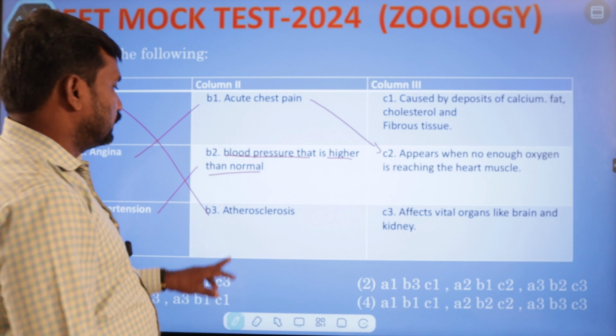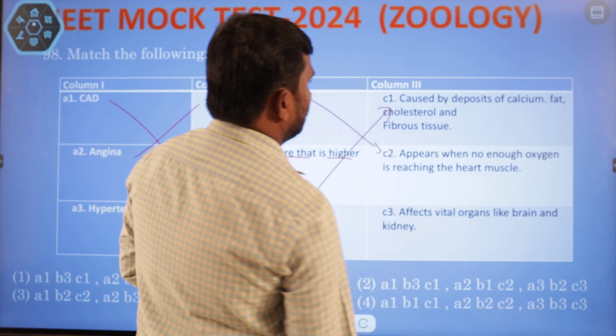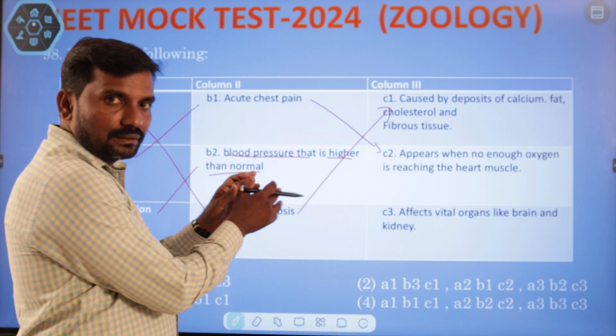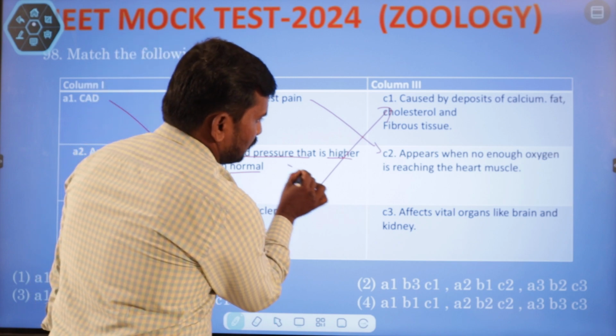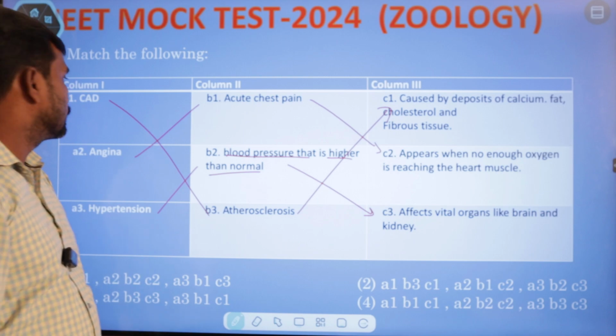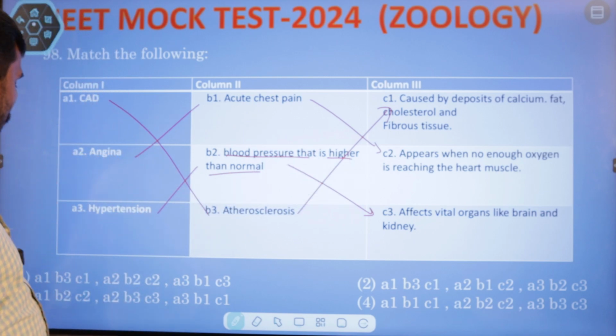Atherosclerosis is caused by the deposition of calcium, fat and cholesterol in the fibrous tissue. Whenever blood pressure is tremendously increased, it directly affects vital organs such as the brain and kidney. So A1, B3 and C1.